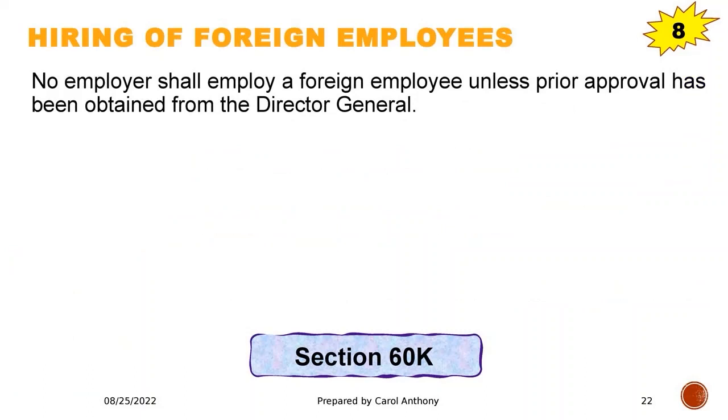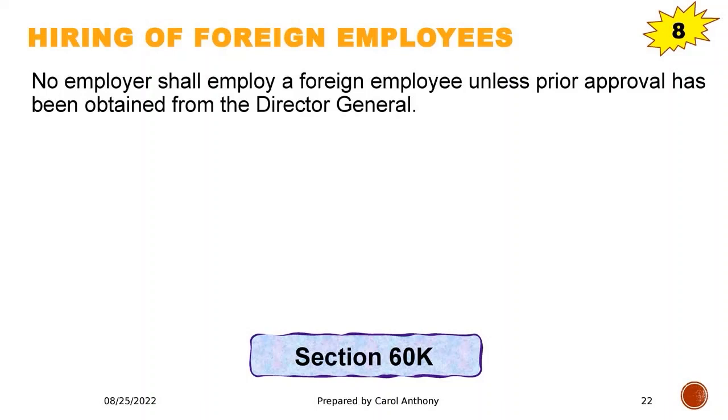Next, hiring of foreign employees. So no employer shall employ a foreign employee unless prior approval has been obtained from the Director General of Labor. So they need to submit a form to get approval. So the employer directly has to do that.